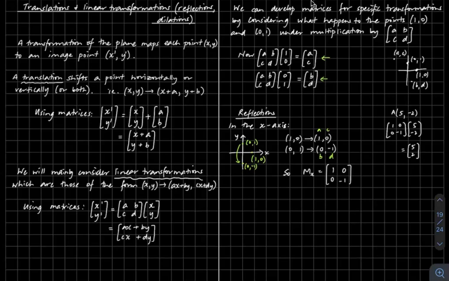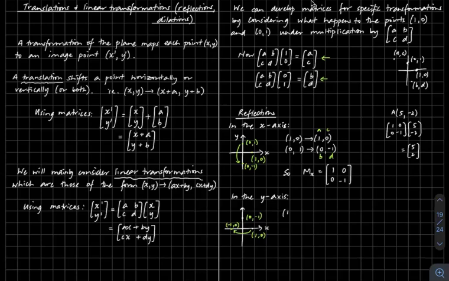So what about reflection in the y-axis? Now we're saying our starting points are 1, 0 and 0, 1. If we're reflecting those in the y-axis, it's only the first one that's going to change, and it's going to go to negative 1, 0. Any point on the y-axis is going to stay where it is.